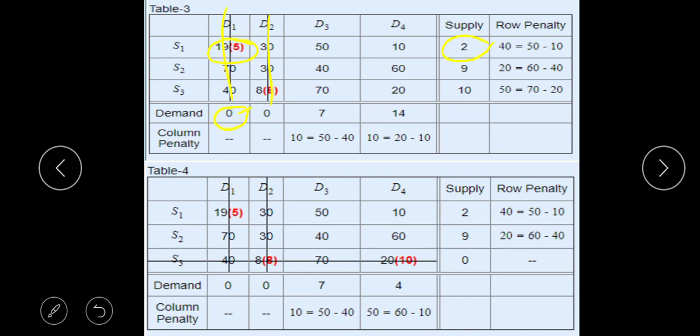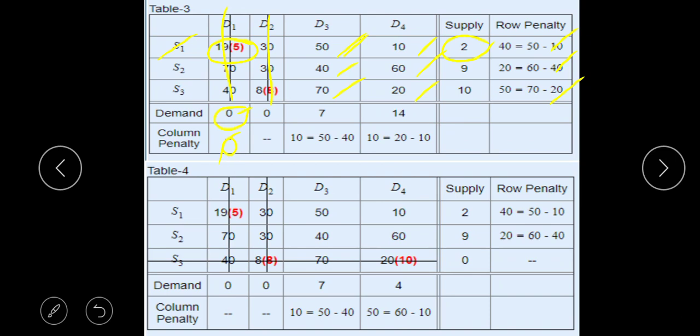Find out the row penalty for S1. It is 50, which is the least cost, 10, next least 50. So 50 minus 10, 40. 40 least cost, next least cost 60. 60 minus 40, 20. Least 20, next least 70. Difference is 50. Now come back to column penalty.